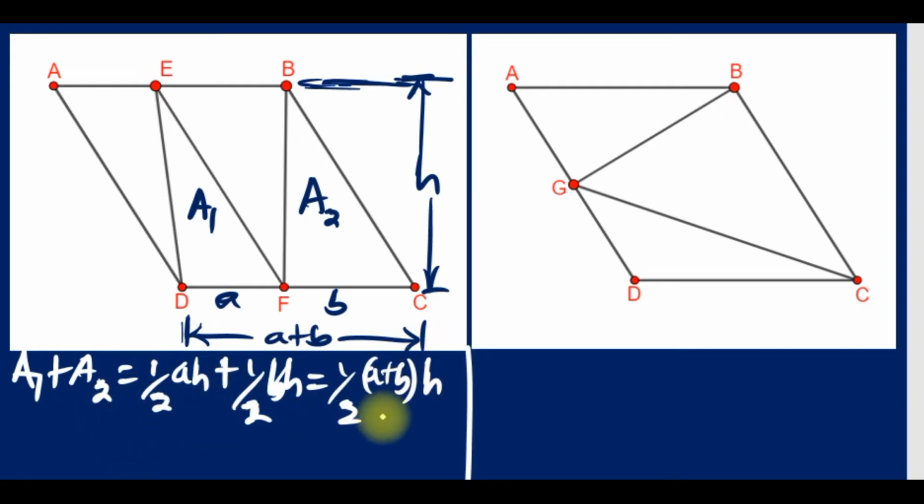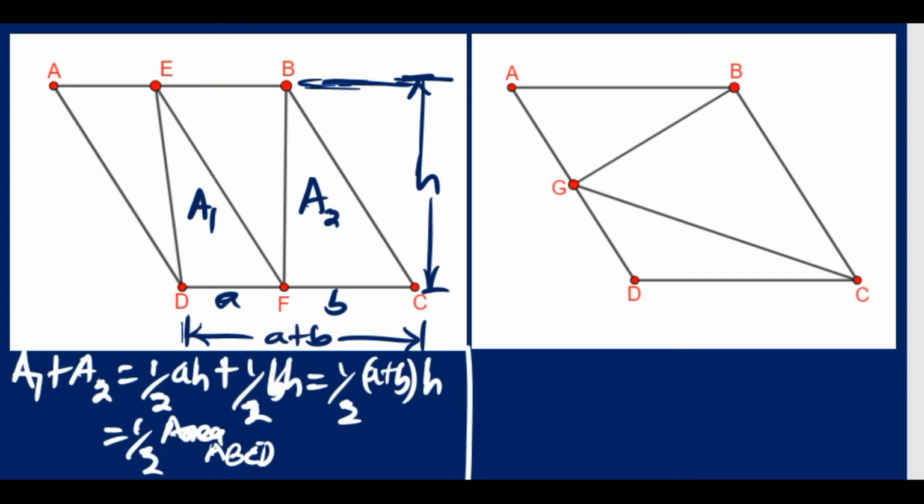And what do you have to say about this? This is the same thing as half. Remember, the area of this parallelogram is base times height, which is A plus B times H. So it is half the area of the parallelogram ABCD.